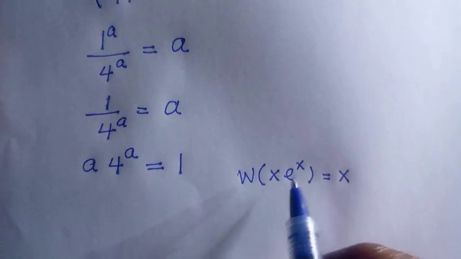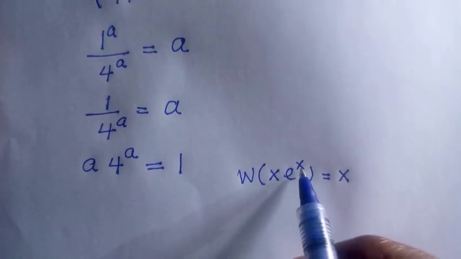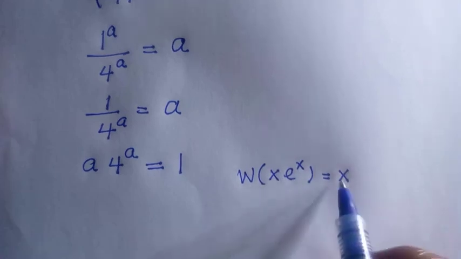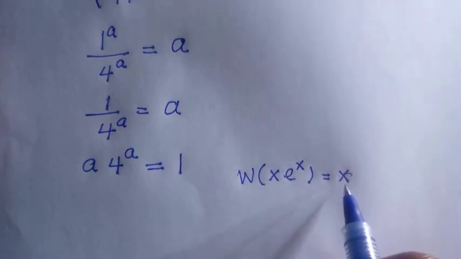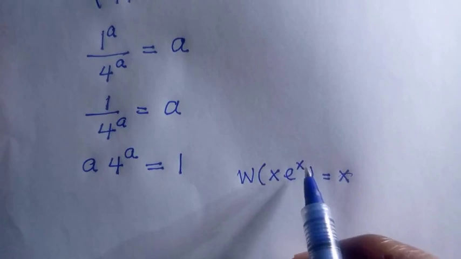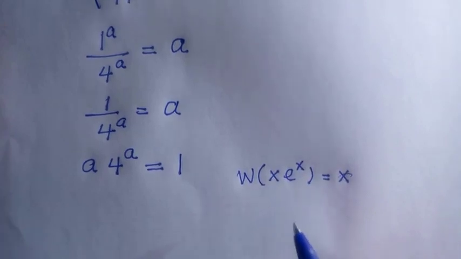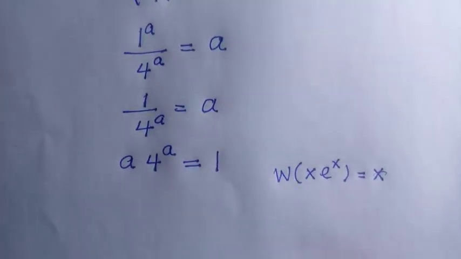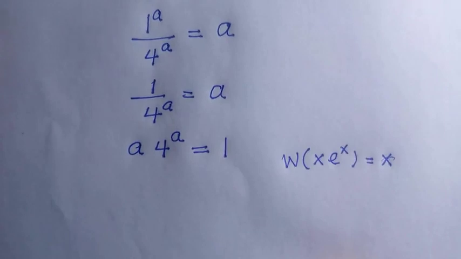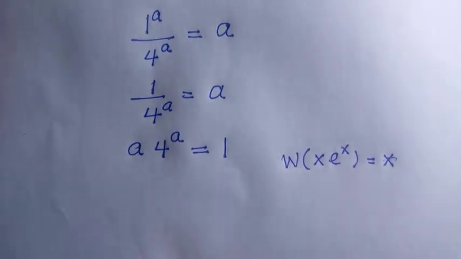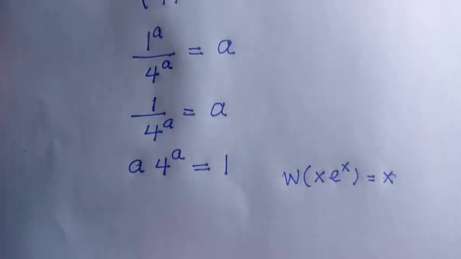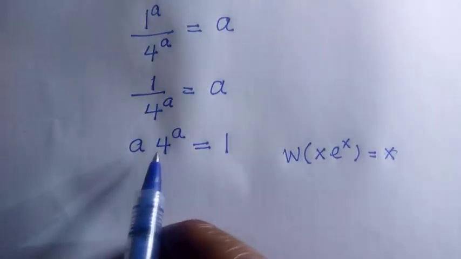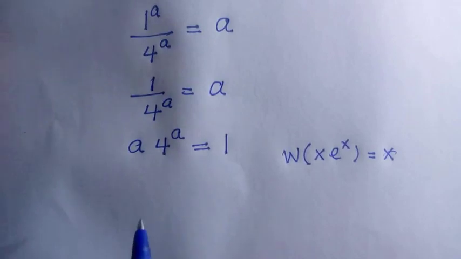That is, the coefficient and the power of this exponential must be the same before we can choose x, which is the coefficient or the power of this exponent. We apply this where logarithm has a limitation, where we cannot use logarithm again. So here we have a multiplied by 4^a equals 1.